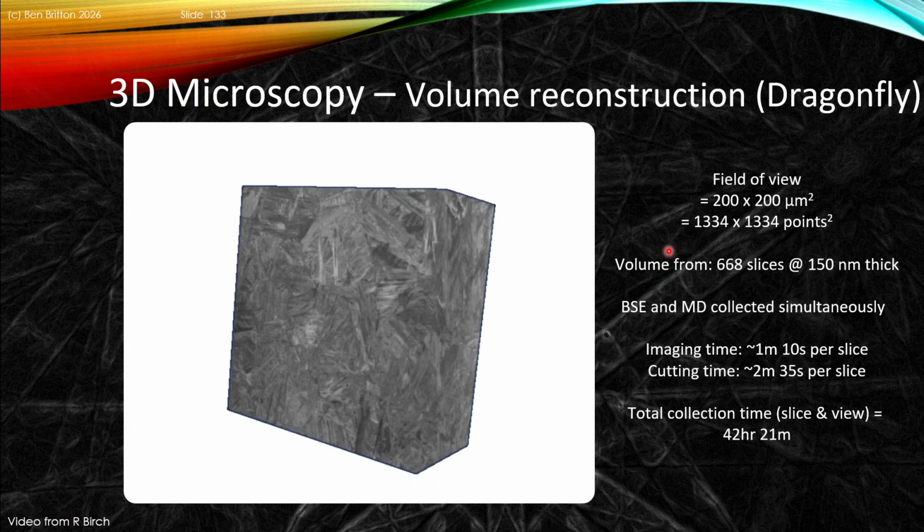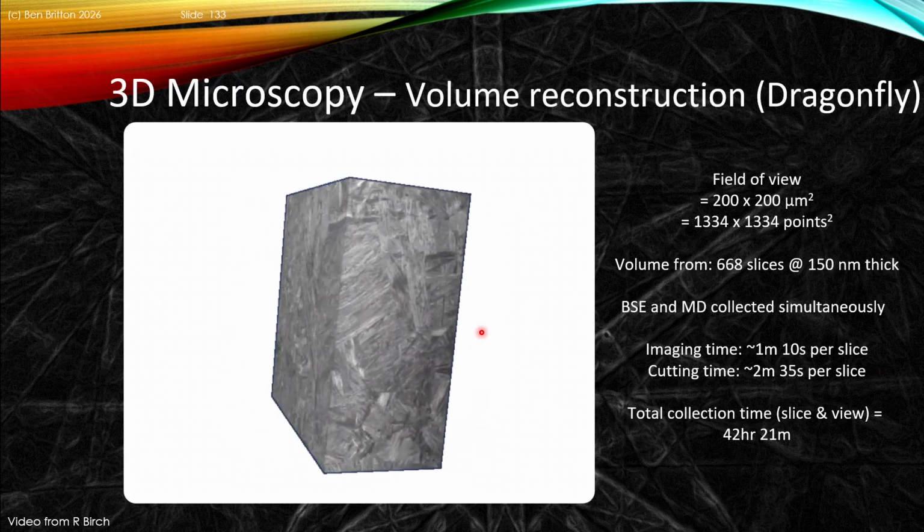If we do this multiple times, we can remove here 668 slices, and the total data collection time for this backscatter electron micrograph was about 42 hours of FIB time for here. Here we've optimized it to do relatively quick imaging, so 1 minute and 10 seconds per slice. We've done the cutting at about 2.5 minutes per slice, as you saw.